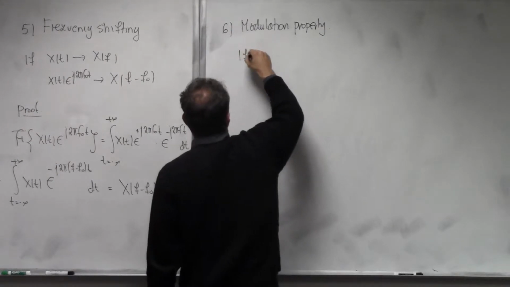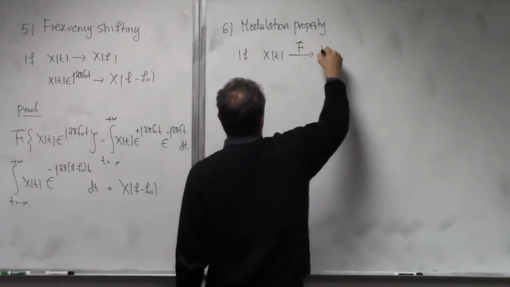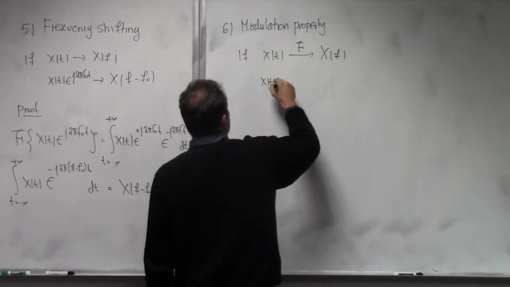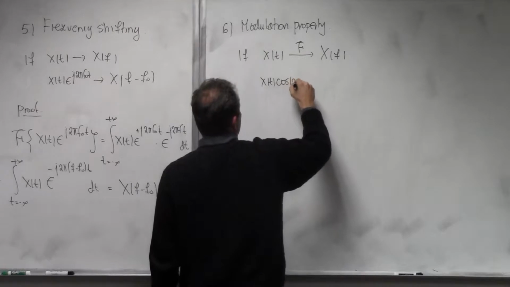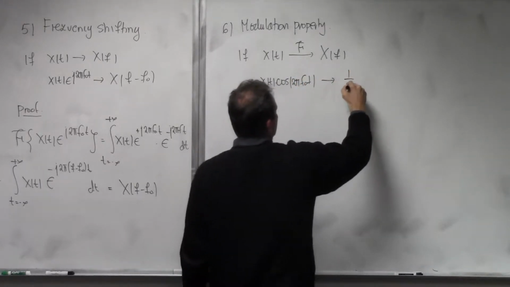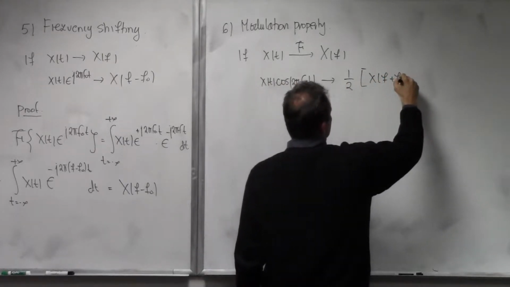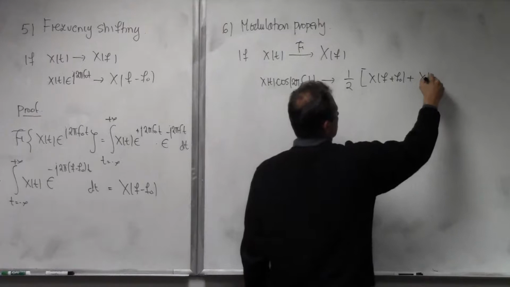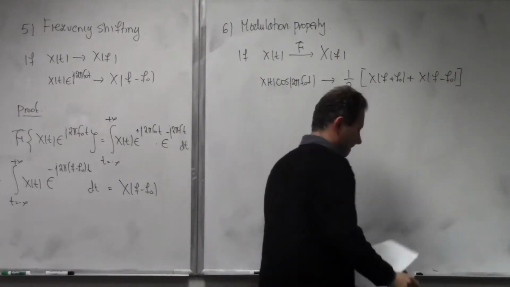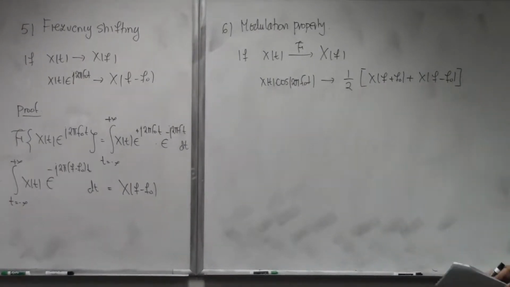If x of t has a Fourier transform X of f, then x of t times cosine 2 pi f0 t has a Fourier transform one half of X of f plus f0 plus X of f minus f0. So how do we demonstrate this one?